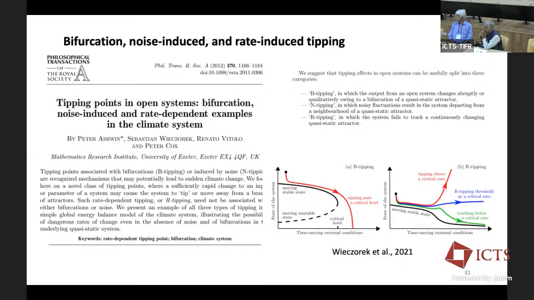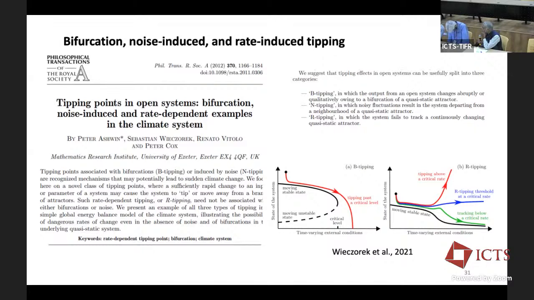Yes. The difference is, for example, if you have a system which is slowly adjusting to slowly changing forcing, then it can cross a bifurcation point. With a bifurcation-induced tipping, you're actually changing the landscape, right? So imagine you have two potential wells, and then the two wells disappear and merge very slowly.